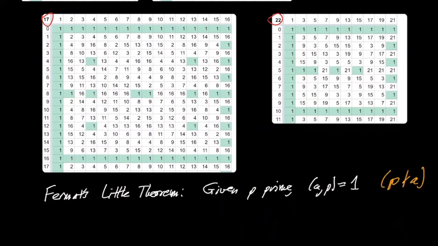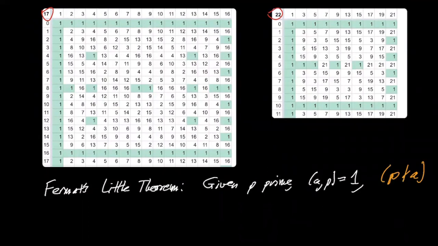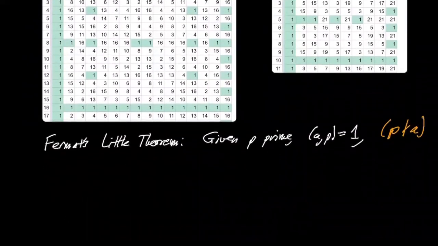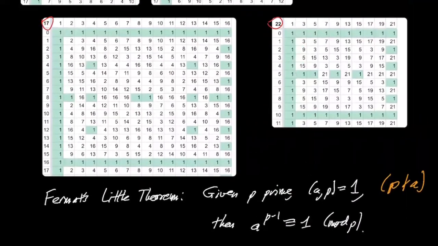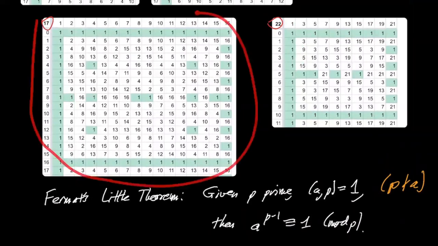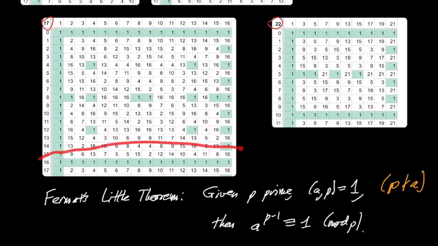The only things not relatively prime to primes are multiples of the primes. If we have this setup, then a to the p minus 1 power is congruent to 1 mod p. So that jumps out at us in the table that everything to the 16th power in this table is 1 mod 17, and so on.